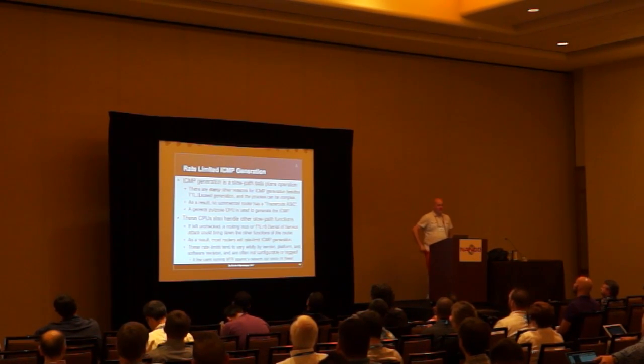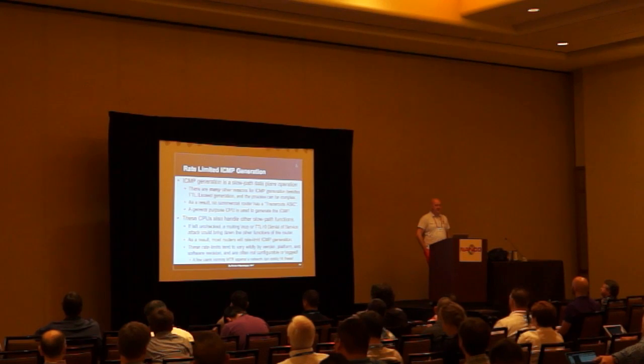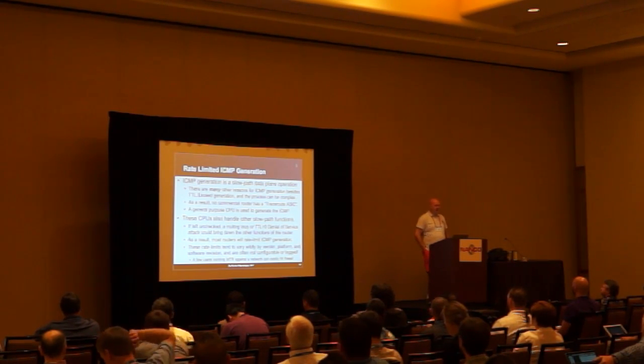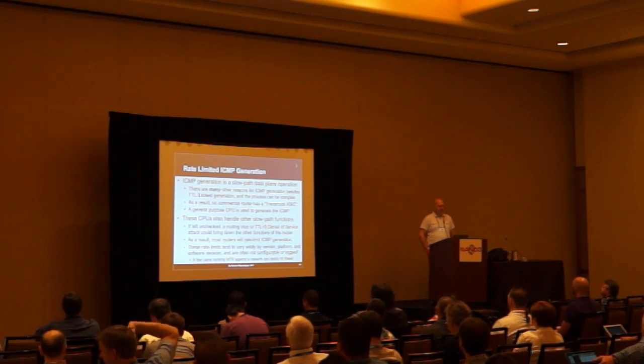The other thing to keep in mind is that most ICMP generation is going to be rate limited. There's a lot of reasons that you could need to generate an ICMP. It's not just TTL exceeded. It could be anything from a destination unreachable, a route just flapped. It could be that you've created a routing loop. It could be any number of things.